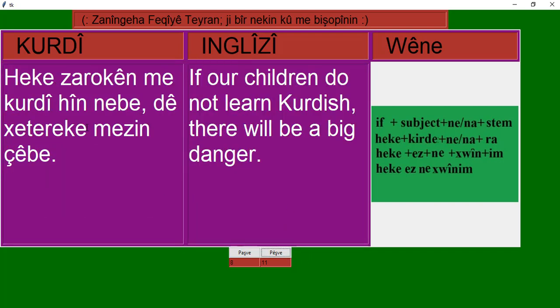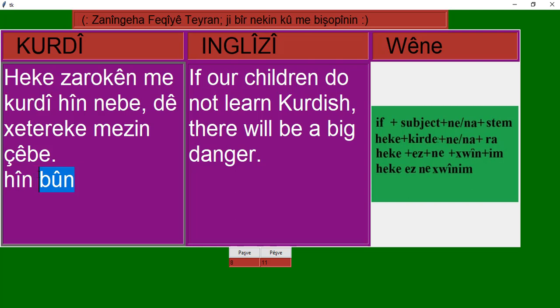Look, how about this one? Heka zaroken ma kurdi hinnaba. De khataraka mazin cheba. Like in here, as you see, hinnaba is our verb, so hinbun is the infinitive form of our verb. So what was the stem for bun?